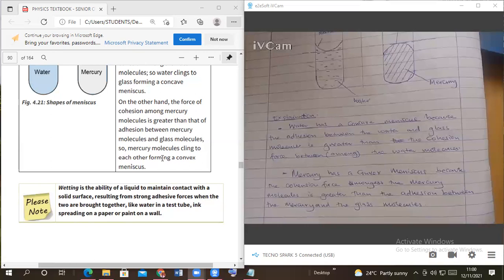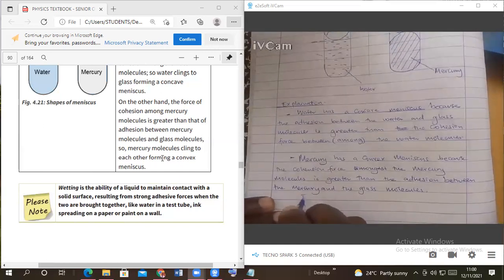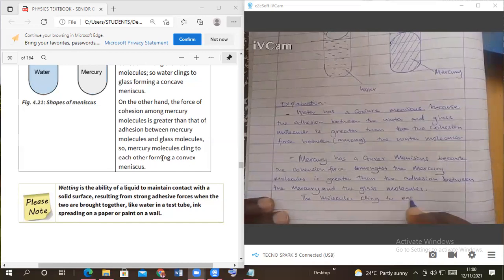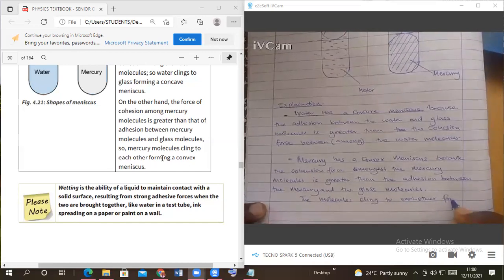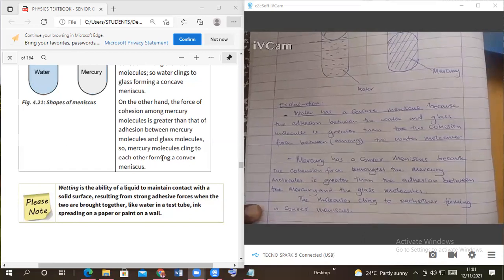Okay. So we can add that and say the mercury molecules cling, the word is what? Cling to each other, forming a convex meniscus.